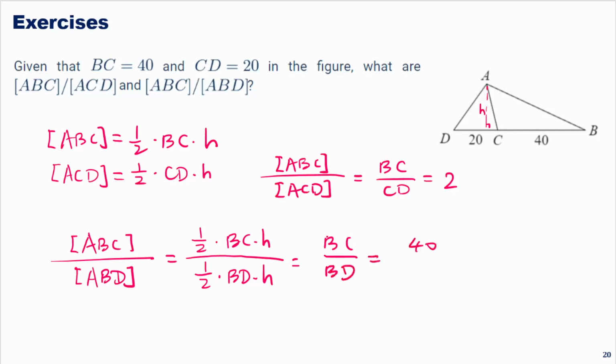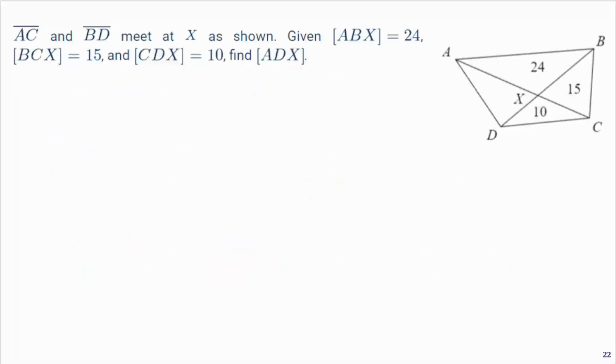And we know that's 40 over 60, which gives us 2 over 3. Are you clear? Quick question. So, I know that. Okay, consider this problem here and let me know if you finish, okay?